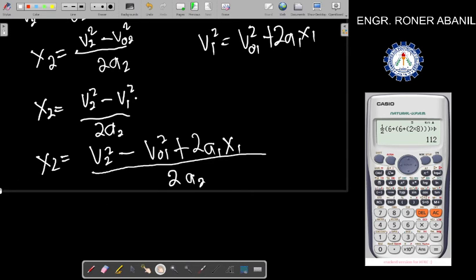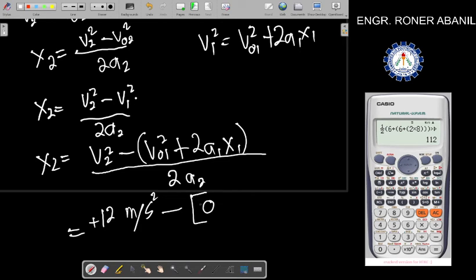So, dito pwede natin ipasok yung mga given natin. Okay. So, magiging, ano yung B2 natin? Is 12 positive meters per second square. No? Dapat pala to merong ganyan. Minus, start tayo ng 0, no?